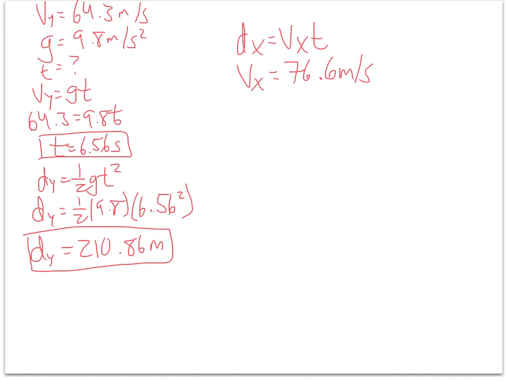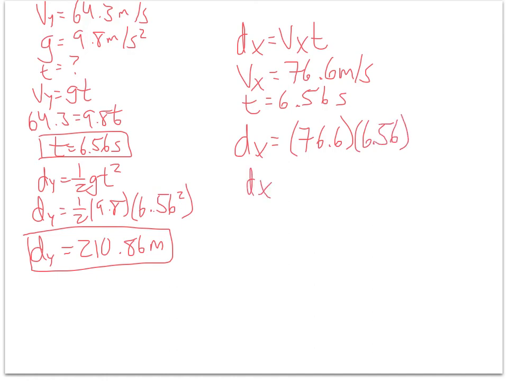So my new time variable of 6.56 seconds will help me solve this problem. So dx equals 76.6 times 6.56. So dx equals 502.5 meters.